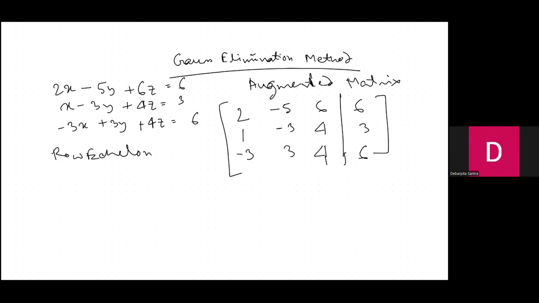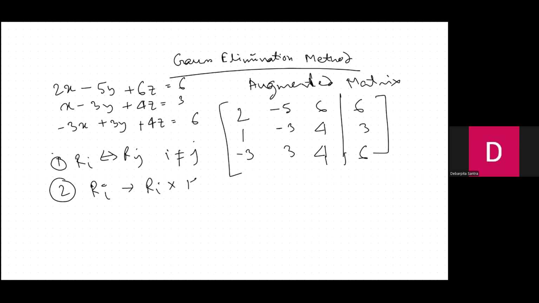What we have already known, there are three row operations. The first row operation is called the row interchange. That is, Ri can be interchanged with Rj where i is not equal to j. Second, any row can be multiplied with a non-zero value. That means Ri can be multiplied with any non-zero value, that is k not equal to 0.